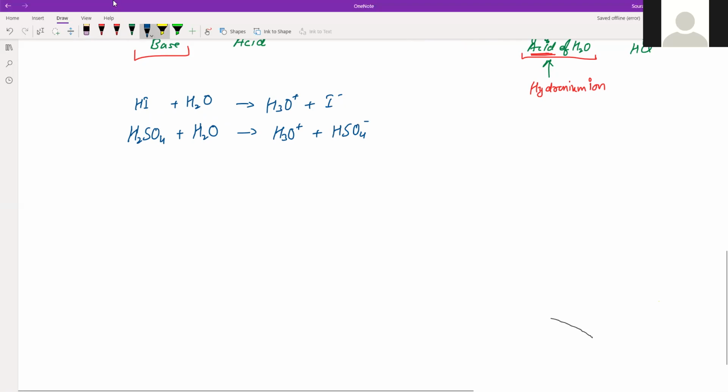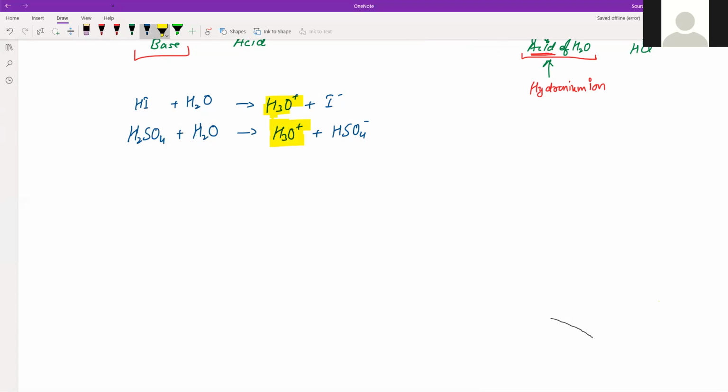So we can say what is our base. Wherever you are seeing this plus sign, that is actually our conjugate acid. So this is conjugate acid, this is conjugate acid, and the one which is left is actually its base.